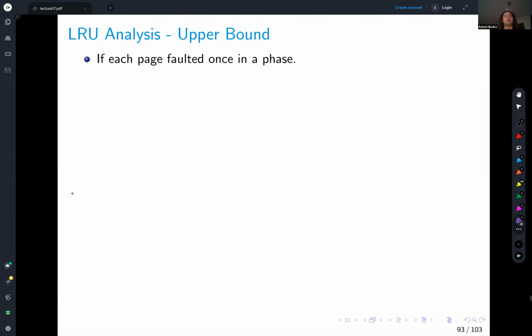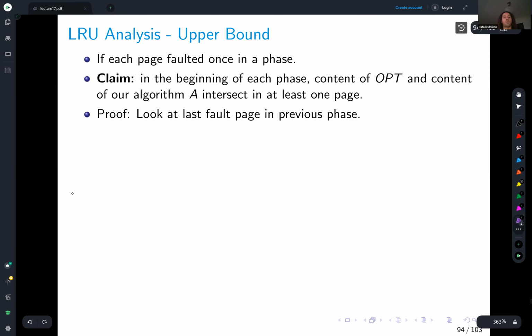So if each page faulted at least once, what do we do? Here's my claim: in the beginning of each phase, the content of opt and of our algorithm intersect in at least one page. This is the claim about the phase, that they will always intersect.